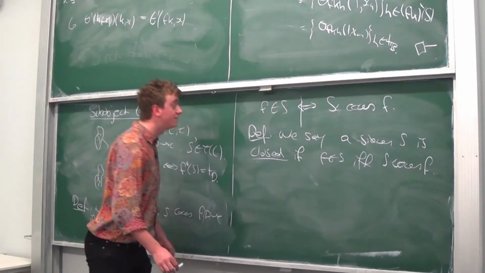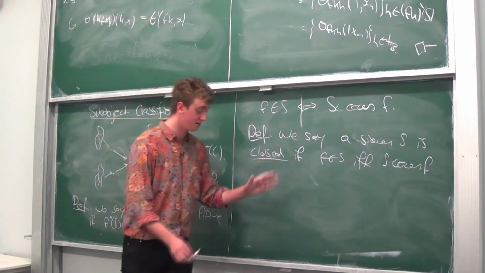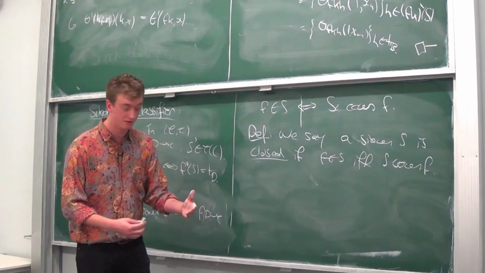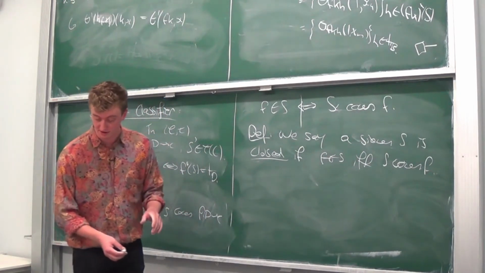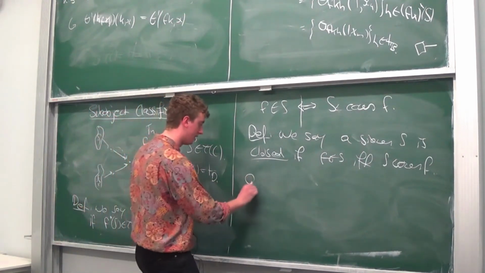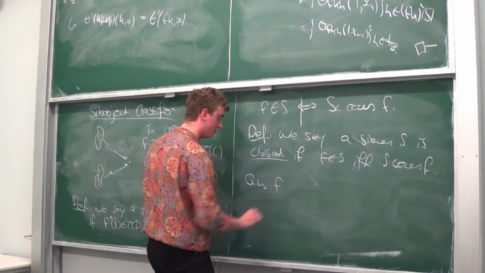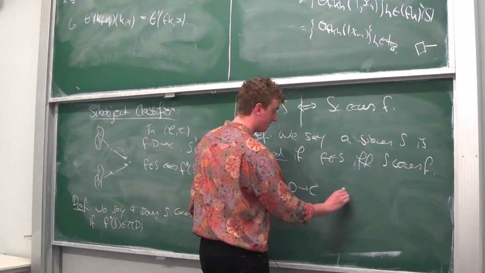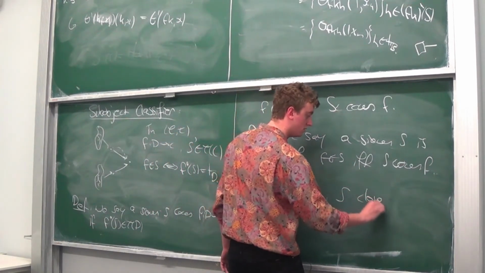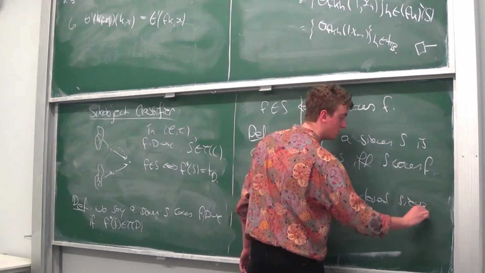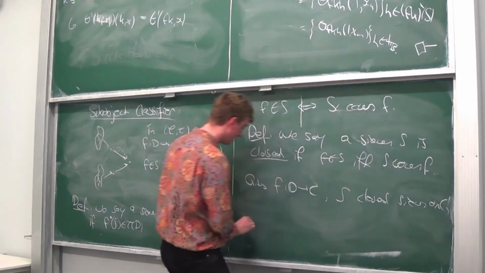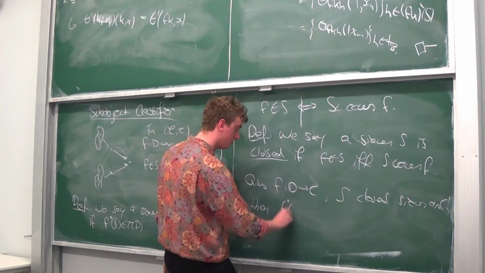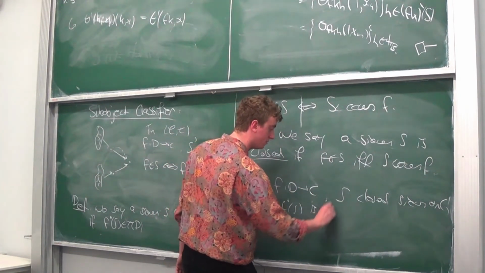Now, we can talk about taking an object C and all closed sieves on C. But we can actually say a bit more. You can show fairly easily that given some morphism f from D to C and S a closed sieve on C, then the pullback of S is also closed.